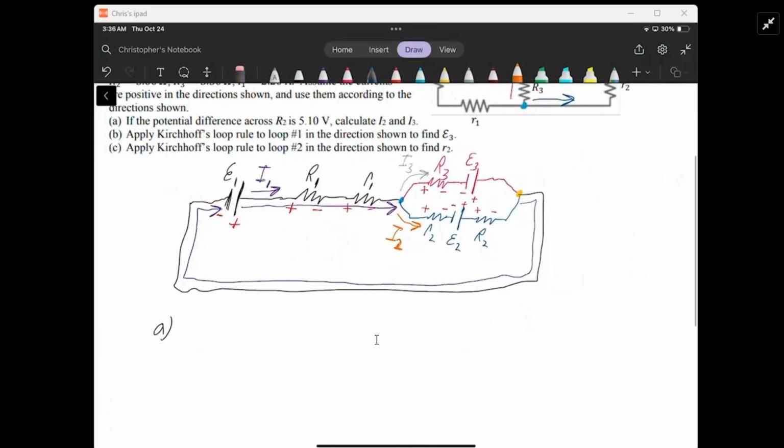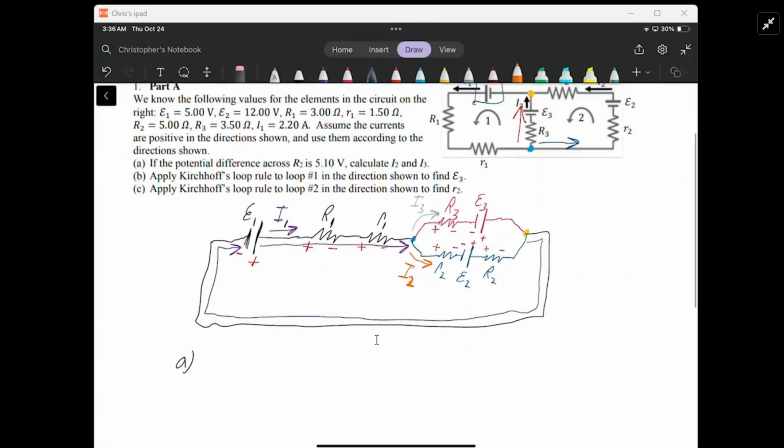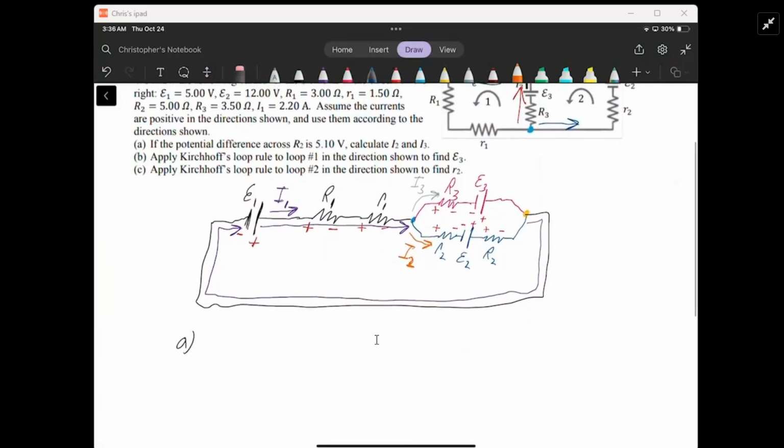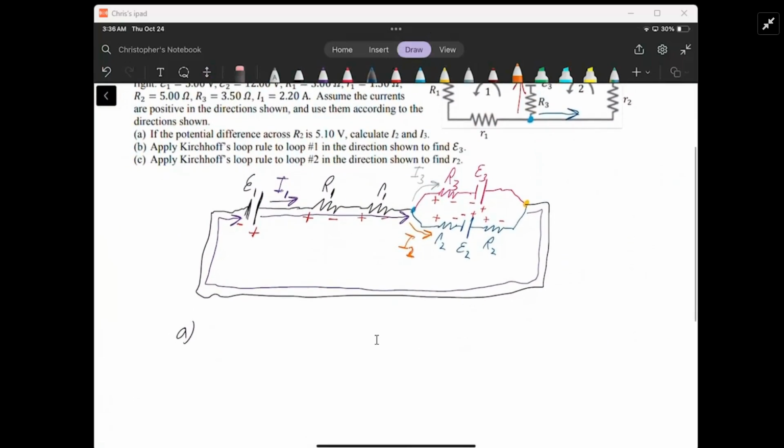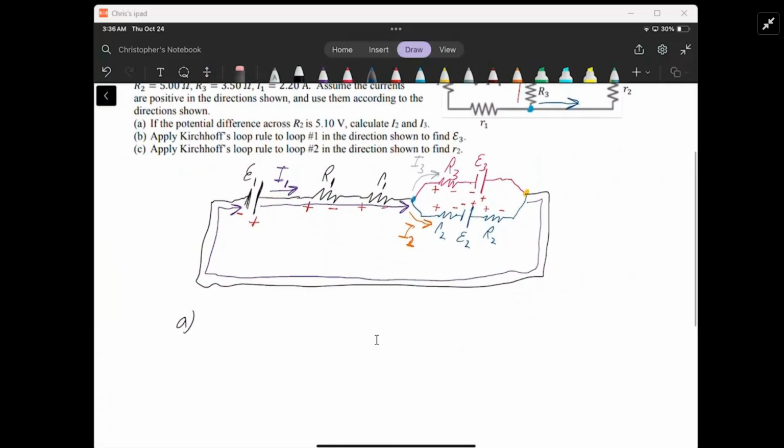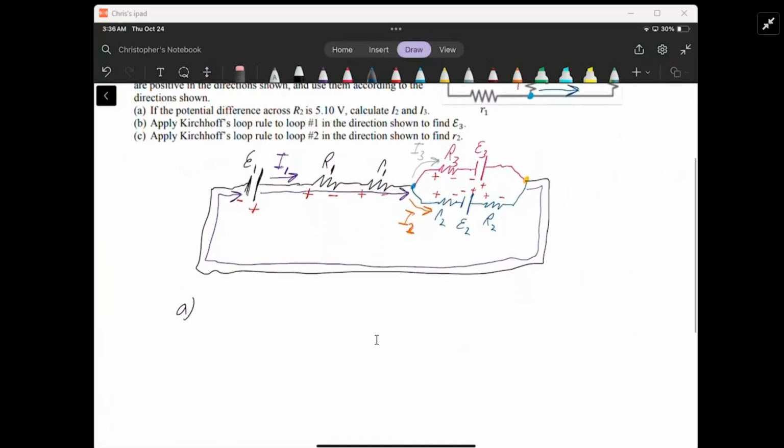But in this case, they're not equivalent, so they're going to have different currents for I2 and I3. So since I1 is splitting into I2 and I3, doesn't that mean that I1 is equal to I2 plus I3, right? Because it's splitting into it.